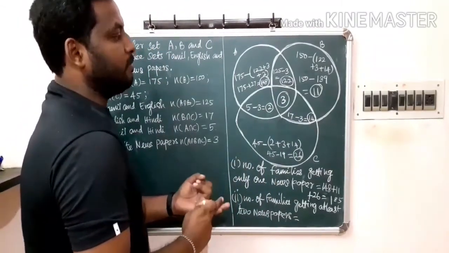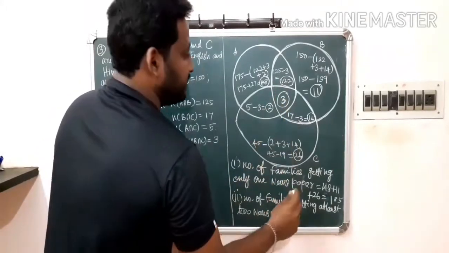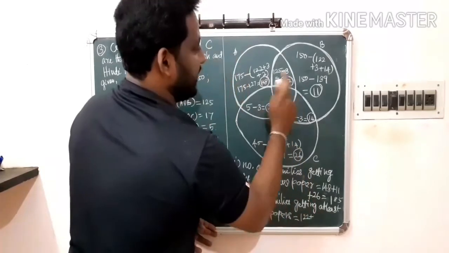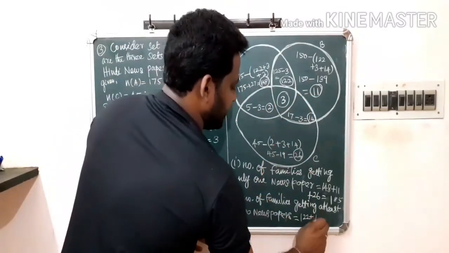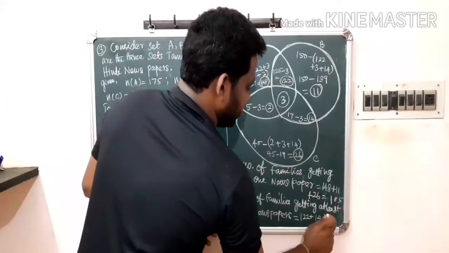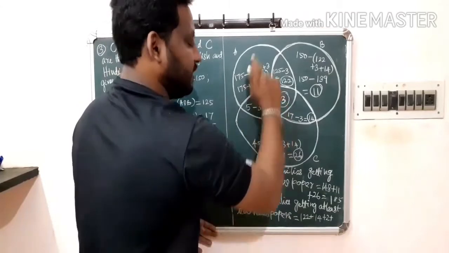Those who are getting minimum 2 newspapers, which means this 3 is also included. So 122 families are getting Tamil and English, and 14 families are getting English and Hindi, and 2 families are getting Tamil and Hindi, and 3 families are getting all the 3.